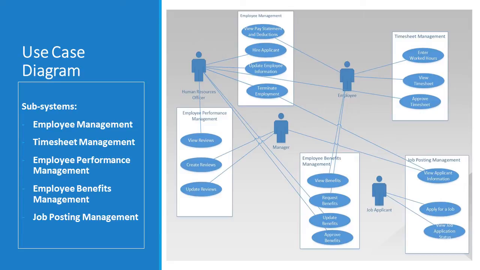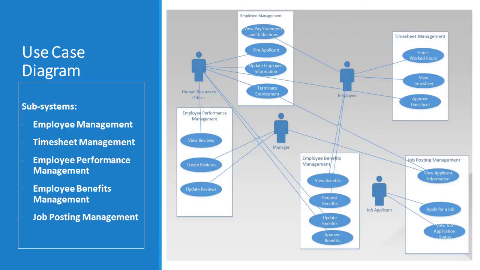Now we have the employee management, and the human resources officer will have the most administrative power in a lot of those subsystems. The human resources officer will be able to hire an applicant, update employee information, and also terminate employment.